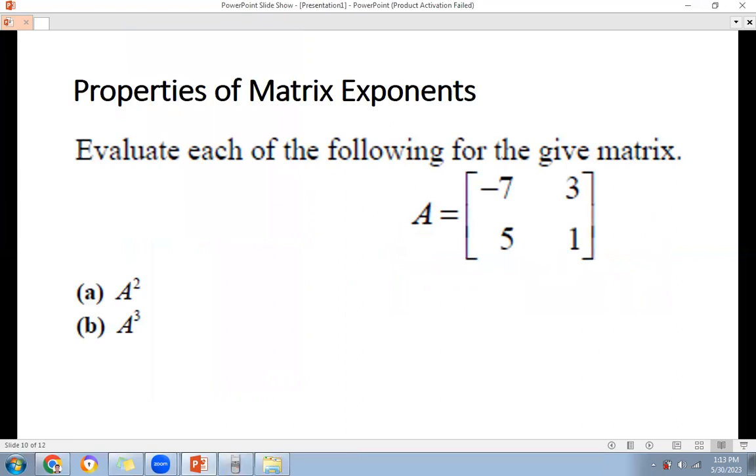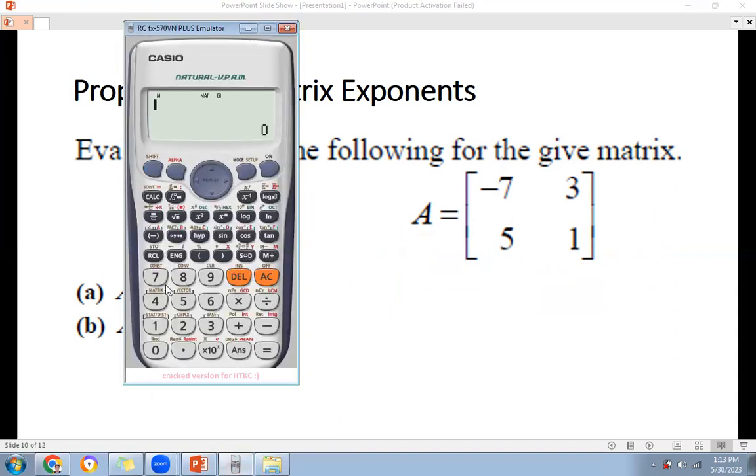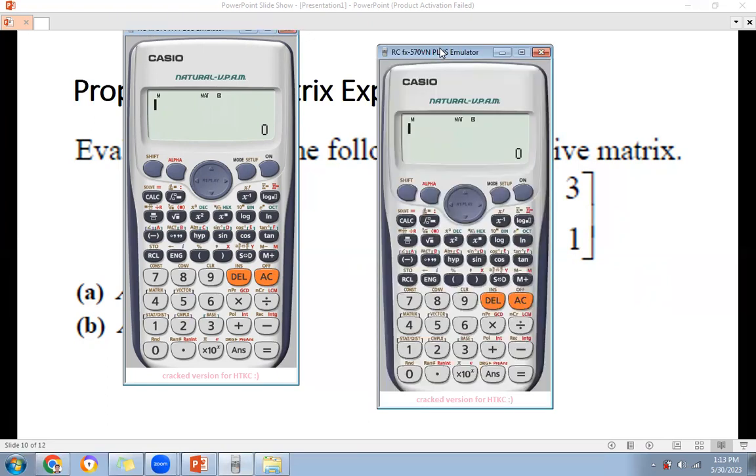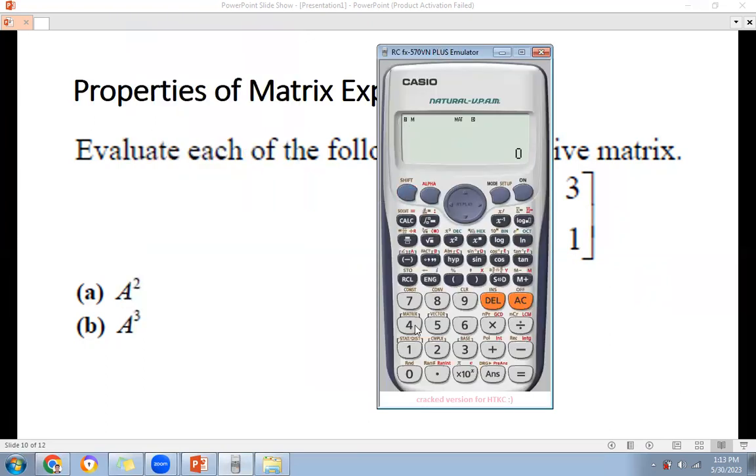Now let's evaluate each of the following for the given matrix. This is a 2 by 2 matrix: -7, 3, 5, and 1. We can use exponents as well in matrices.